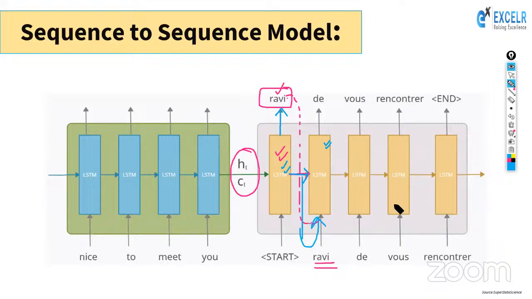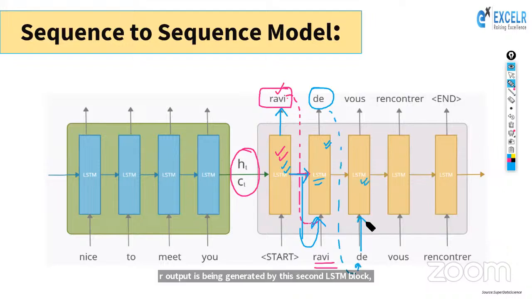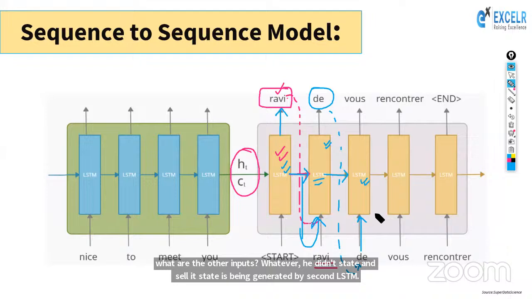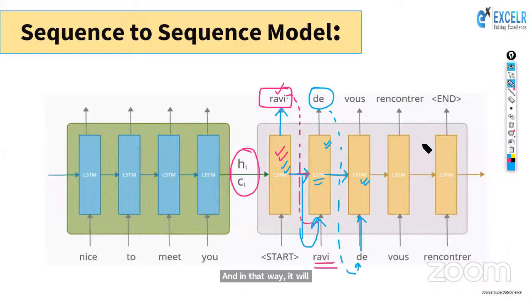And the same process repeats for the rest of the LSTM blocks. Whatever output is generated by this second LSTM block is the input for the third LSTM block. And what are the other inputs? Whatever hidden state and cell state are generated by the second LSTM block. And in that way, it will generate the output sequence.